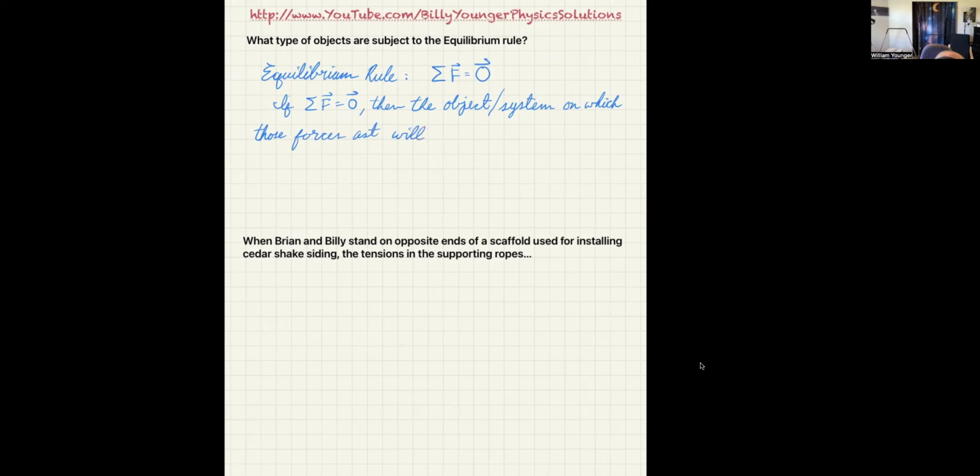will be in uniform motion. Uniform motion implies that its velocity is a constant.